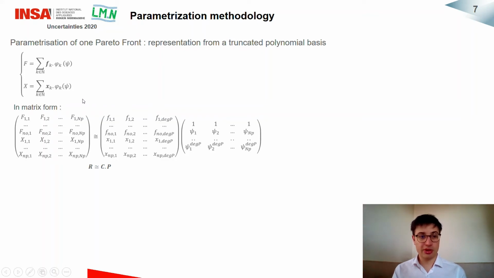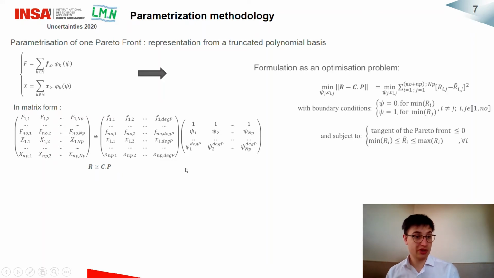This could be written in matrix form as follows, and then formulated as an optimization problem where we want to minimize the least square distance between our model and the real obtained values from the multi-objective solution. We have two boundary conditions where we fixed the limits of our parameter psi between 0 and 1, and these extremities correspond to the minimums of the performance function.